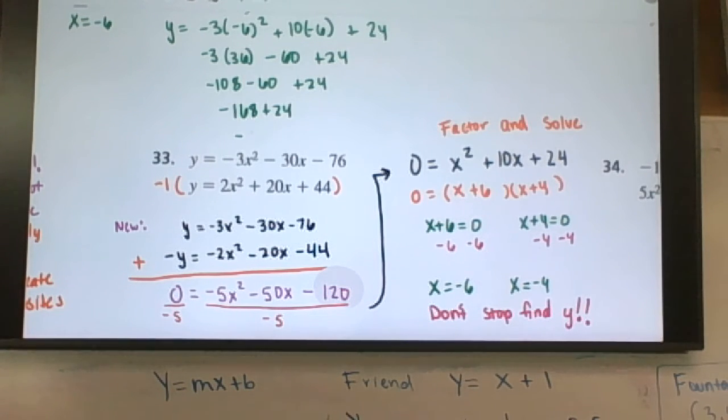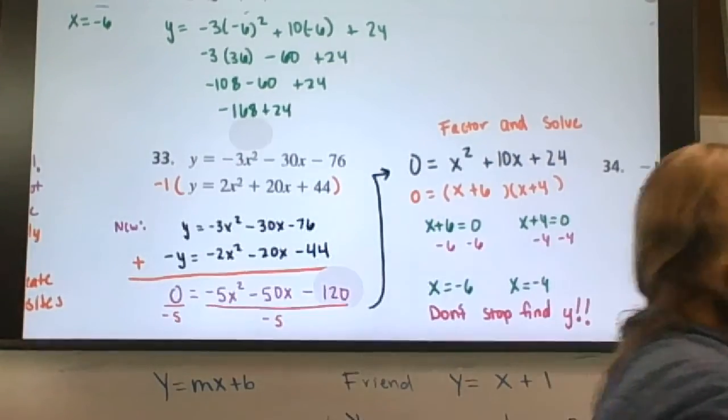Is it negative 144? Not totally confident in my work.